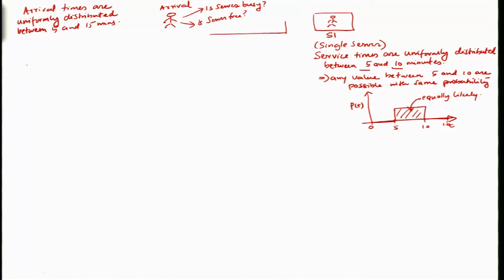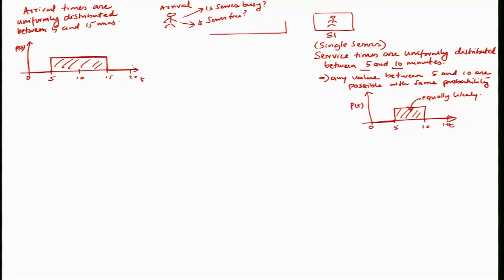So, if I draw the graph of this, arrival times will be something like this, 0, 5, 10, 15, 20, the time goes like this, and here you have the probability associated with it. So, up to 5 the probability is 0, and at 5 it goes up, and then it comes down like this, with all values here equally likely.